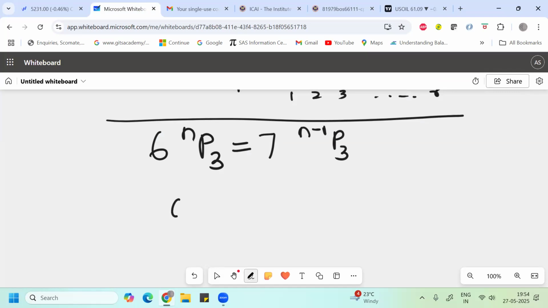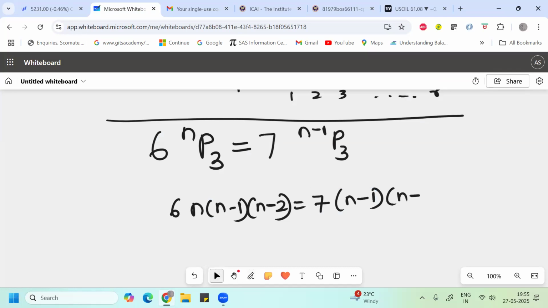So this would be 6 into nP3, which means n into n minus 1 into n minus 2, is equal to 7 into n minus 1 into n minus 2 into n minus 3. You can cancel n minus 1 and n minus 2.